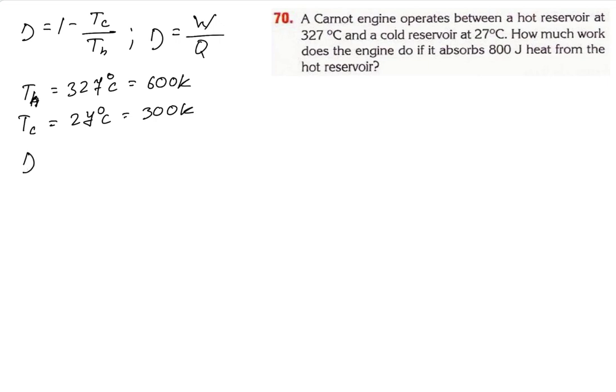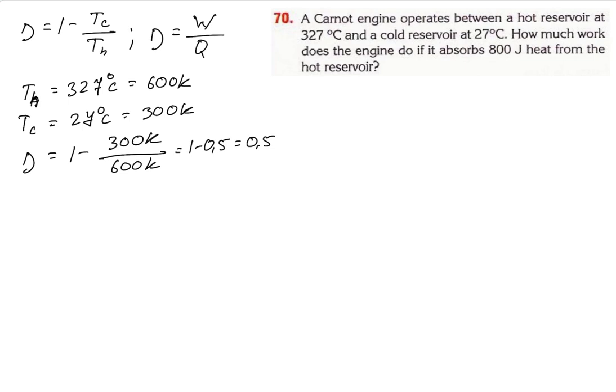Now let's find the efficiency, which is 1 minus 300 kelvins over 600 kelvins, which is 1 minus 0.5, equal to 0.5. So we found the efficiency.